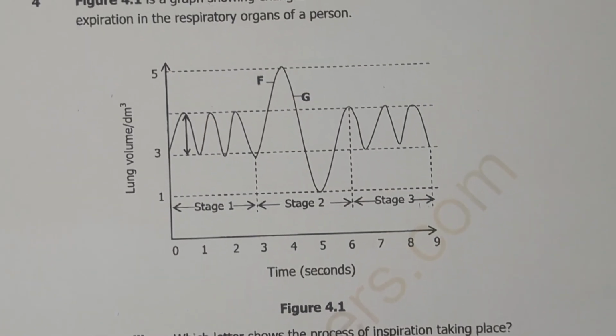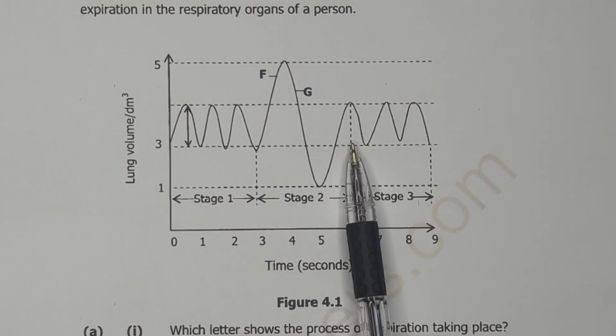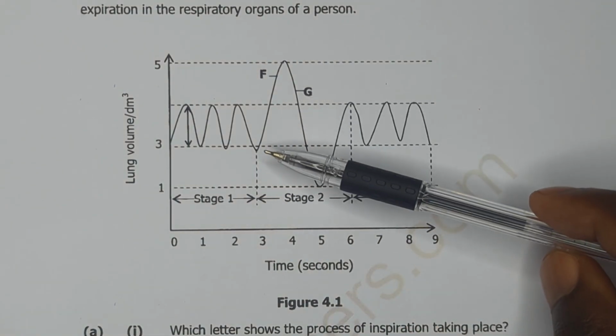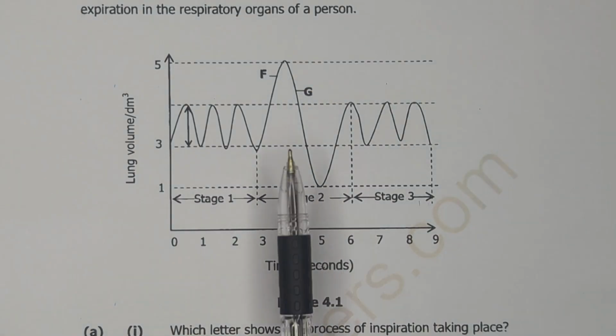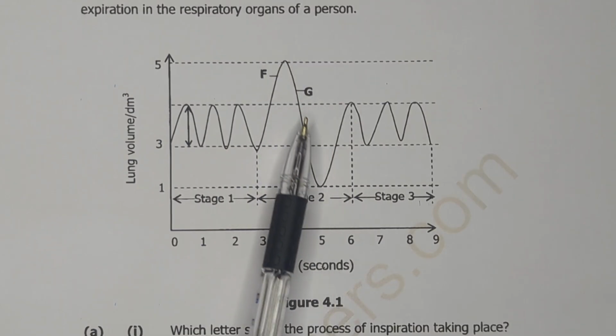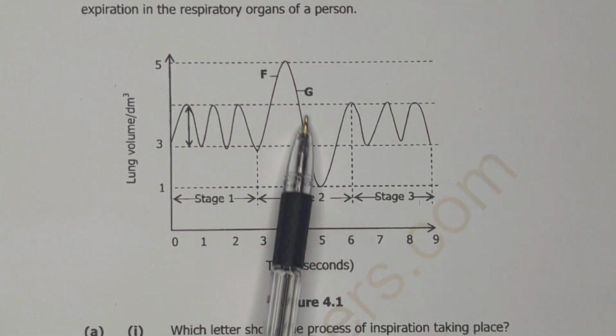Stage 2, the distance from this point to that point. So if we check this curve, it is increasing. So this is inspiration. Now the same graph again, it is showing the curve dropping.